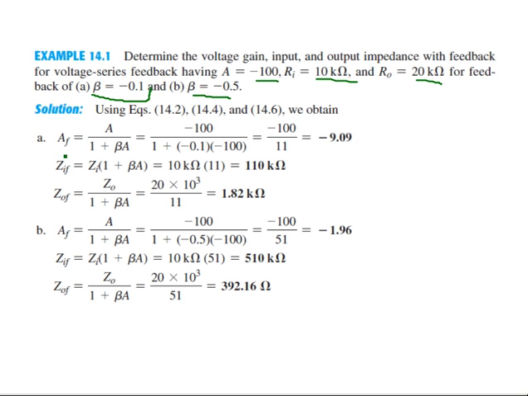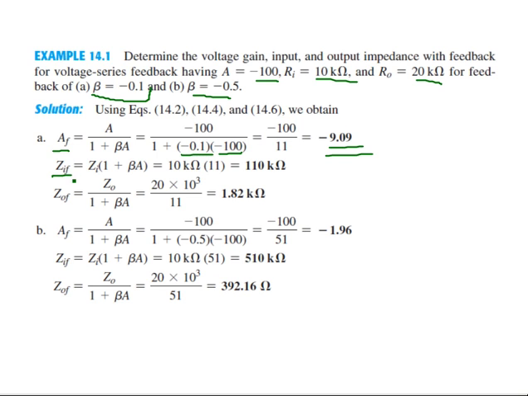So you see for a voltage series, the gain is decreased by a factor 1 plus beta A. So what is the new gain? A by 1 plus beta A. Substitute for A, beta and again A here, you will get that the new gain is minus 9.09. Okay. So the gain is decreased by a factor 1 plus beta A.